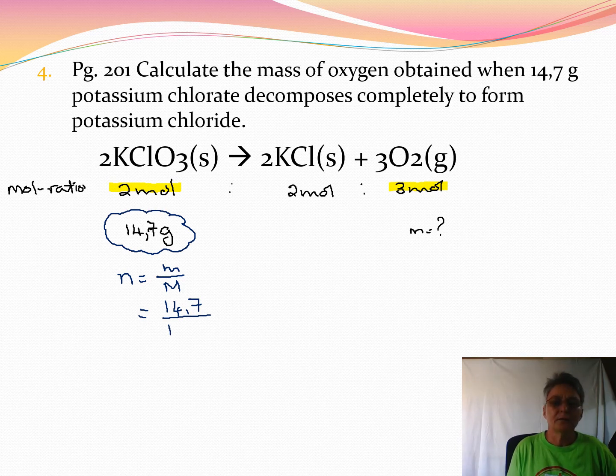So the moles of potassium chlorate we have here is 0.12.